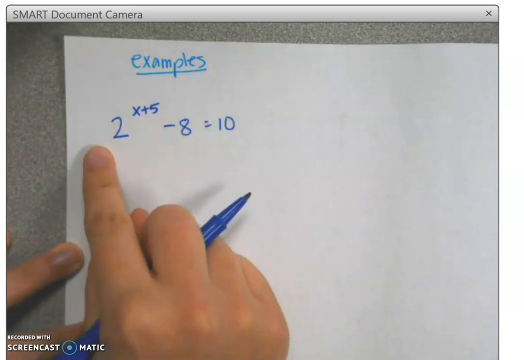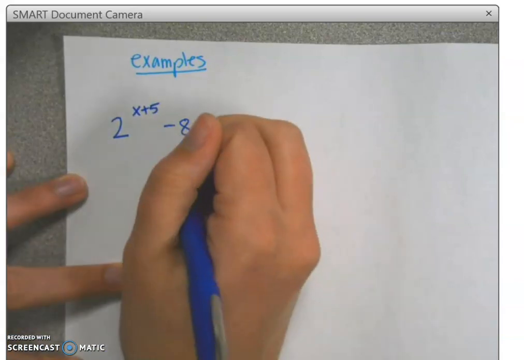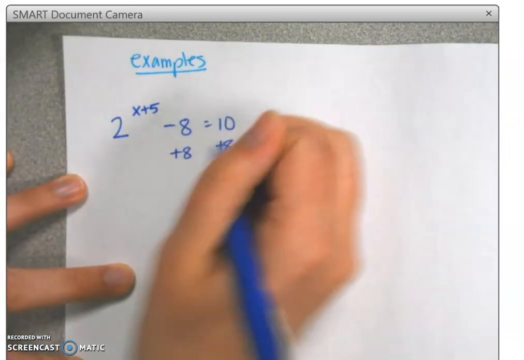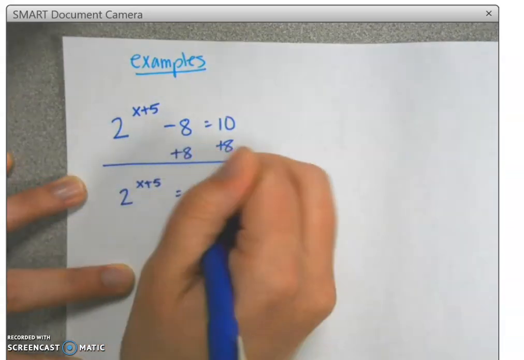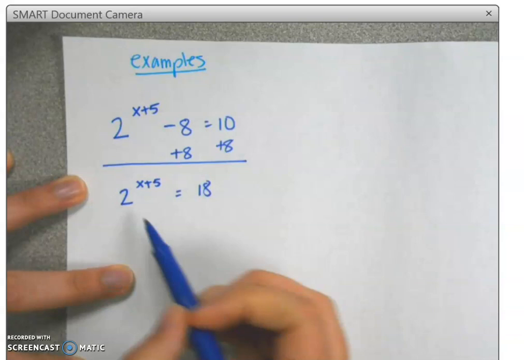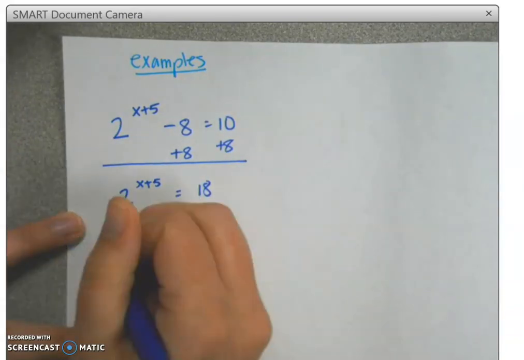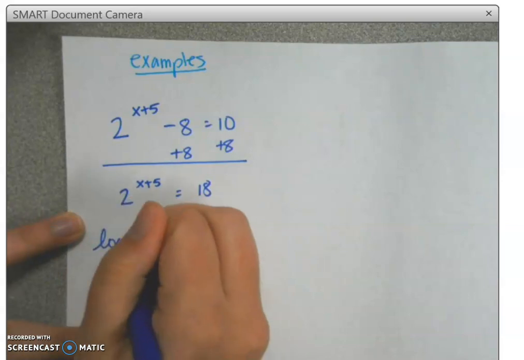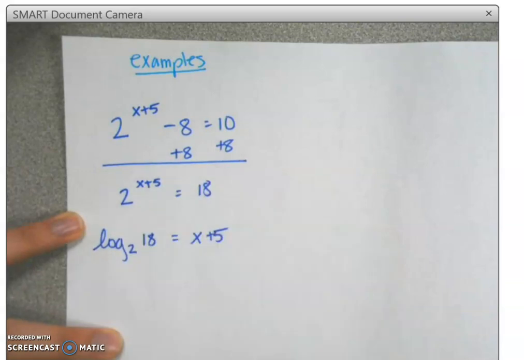So I'm going to have to get the base of the exponent by itself, which means I need to move this 8 off. Once you get it down to just a base and an exponent, then you can write it as a log. So this one would read log base 2 of 18 equals x plus 5.